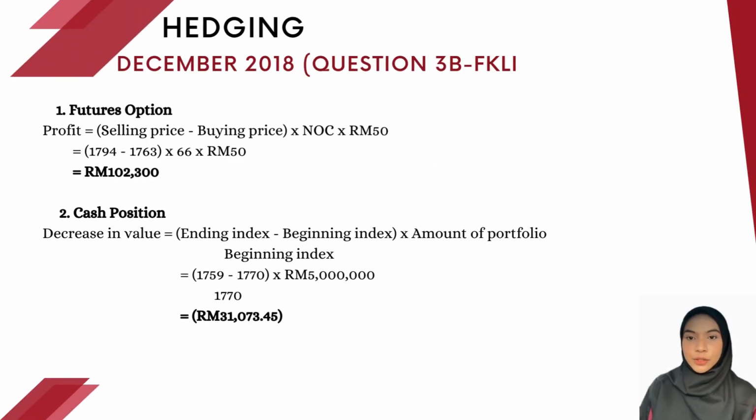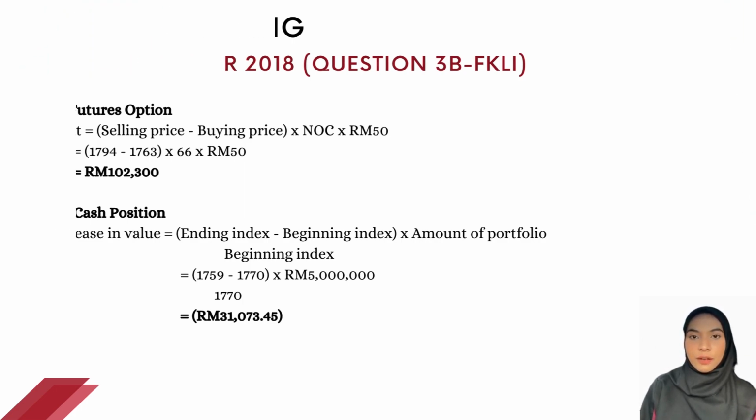To calculate the futures position in order to know whether it is profit or loss, the formula is as shown in the slide. The answer is a profit of 102,300 ringgit. For the cash position, it is equal to 31,073 ringgit 0.45 cents.